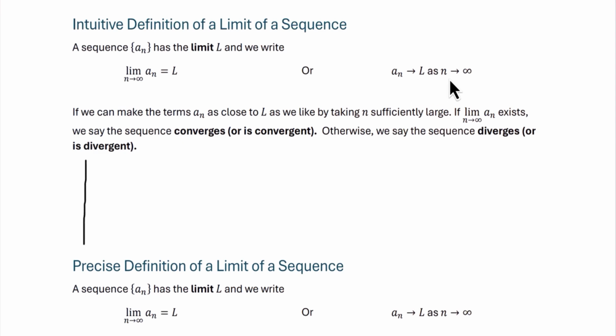Let's look at a graph to help us visualize what's happening here. Let's say that this vertical axis represents a sub n and the horizontal will be n, and then we'll have some terms in that sequence. We'll have a sub 1, let's say it's down here, a sub 2, let's say it's going up here, a sub 3, and so on, and it's doing this kind of thing.